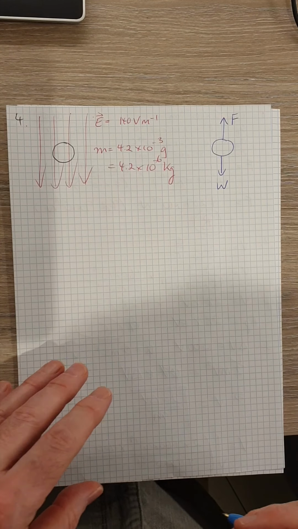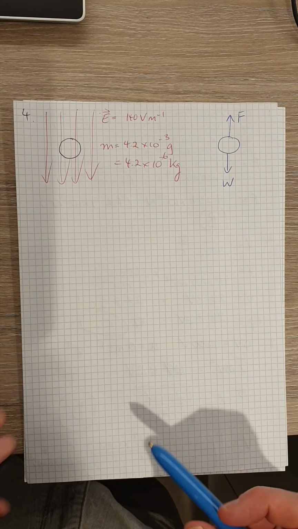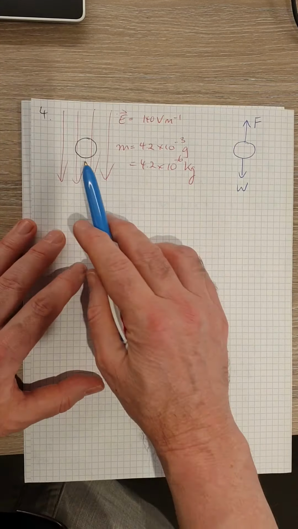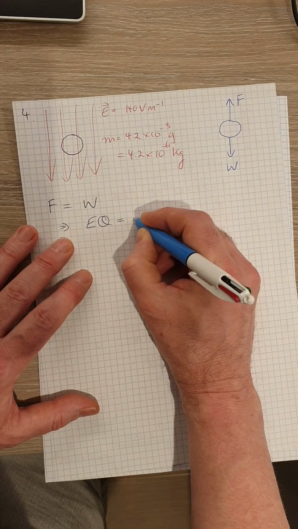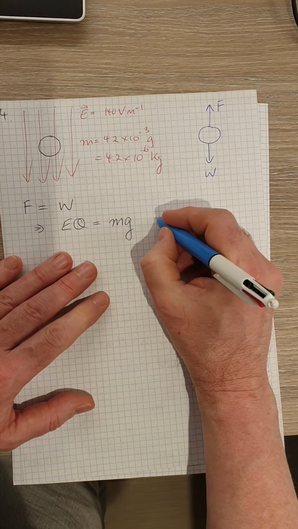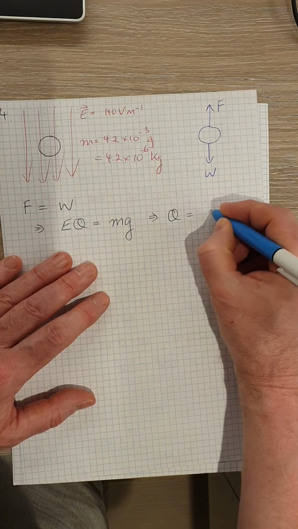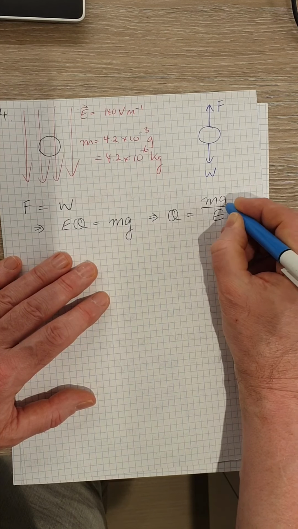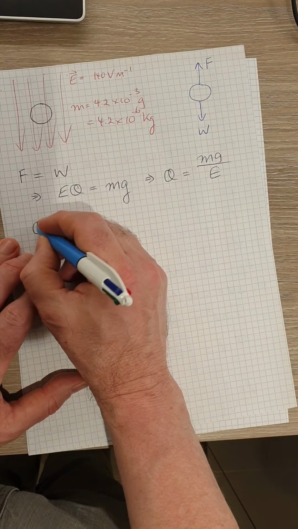So we can work out that the force on the object is going to be equal to the weight, which means that we have the electric field times the charge is equal to the mass times gravitational field strength, which gives us that the charge is equal to mg over E. The charge is equal to the mass in kilograms multiplied by gravitational field strength.